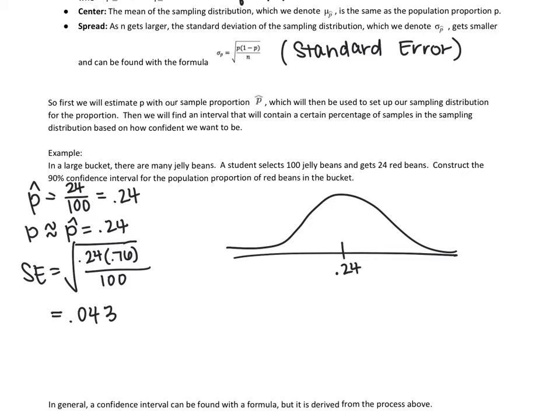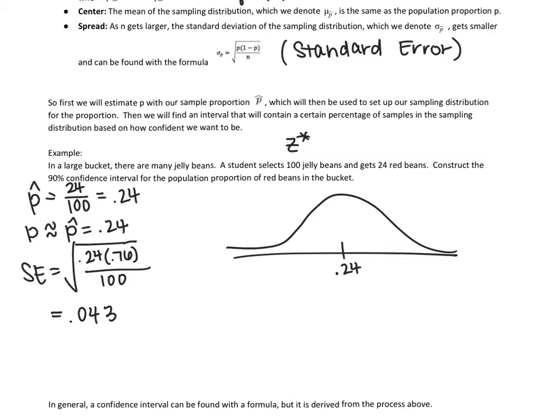And then what we now need is the critical value. It's something called Z star. So what we're going to use is that table that I gave you. At the bottom 2 lines of the table, one line is the Z star, and then the bottom line is the percent confident we want to be.